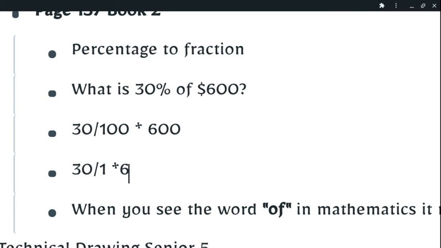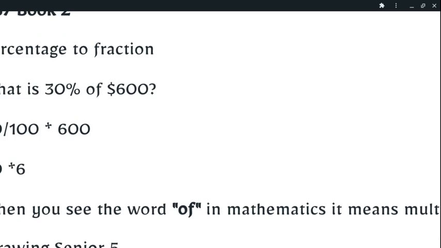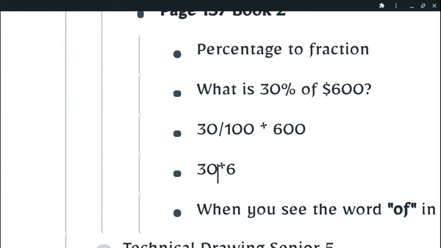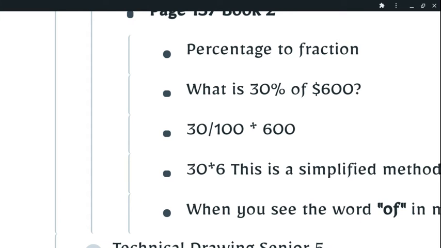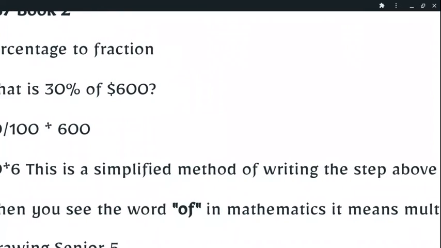So in the case of 30 divided by 100 multiplied by 600, because they have the same amount of zeros, you can simplify to simply 30 multiplied by 6, because 30 divided by 1 is the same thing as just 30, correct? Yes, sir. So this now is a simplified method of writing the step above.